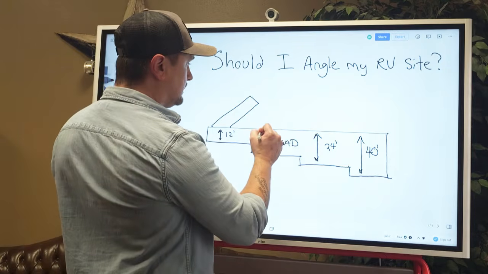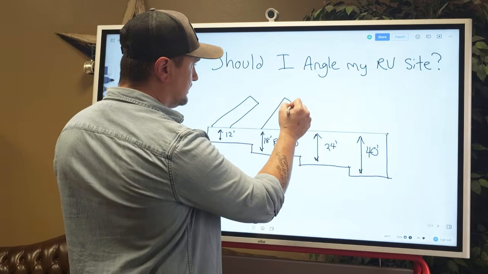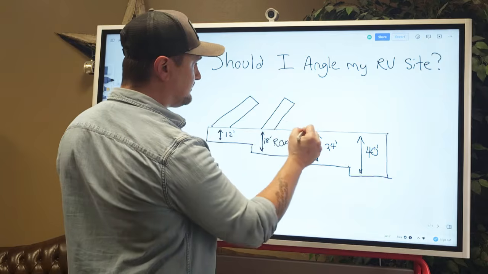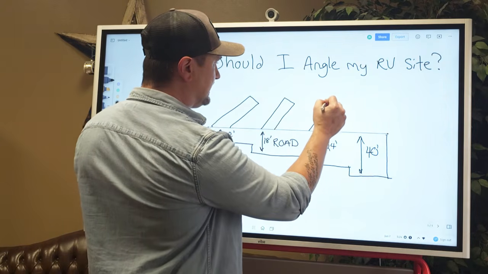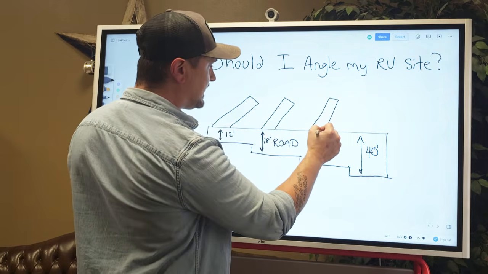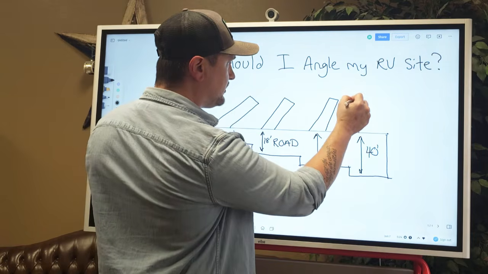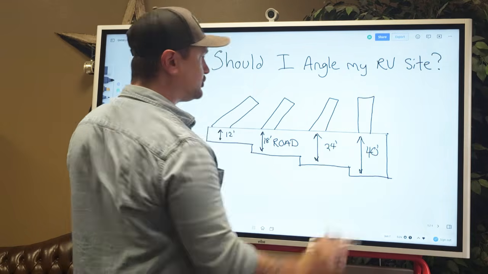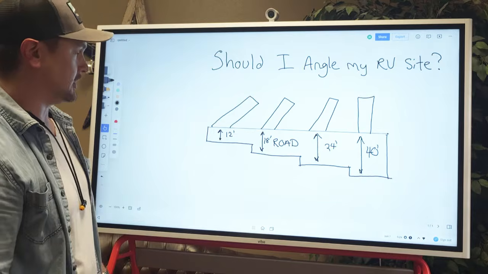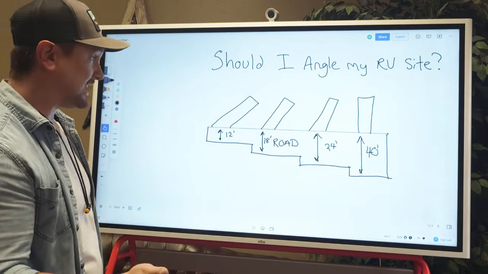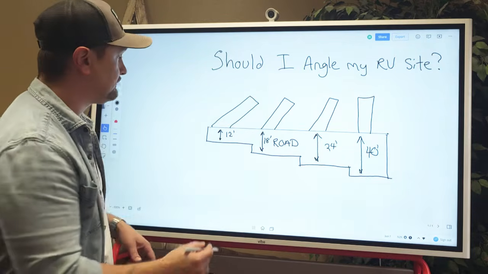So, next one, we can go a little bit less of an angle, and then a little bit less of an angle, and then a 40-footer, we can go extremely perpendicular, okay? That's a big reason, road width, okay?